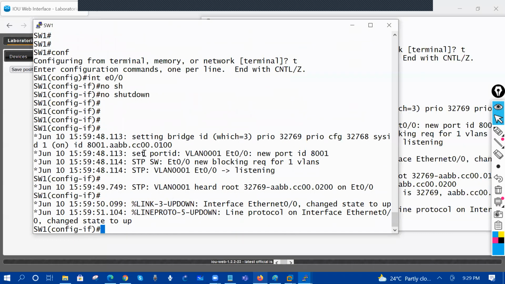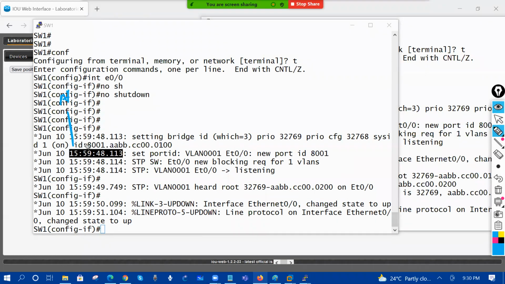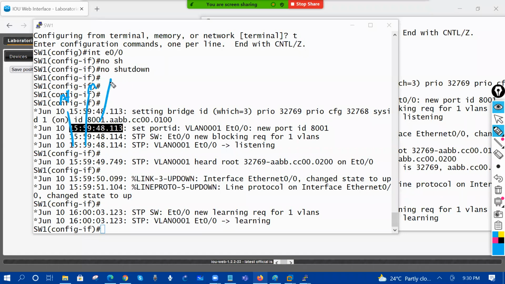Can you see that? This is the hour, this is the minute, this is the second, this is the millisecond. So just for a few milliseconds, 0/0 moves into the blocking state.